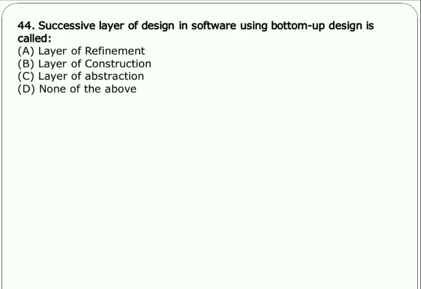Successful layer of design in software using the bottom-up design is called dash. So what is meant by bottom-up designing? Bottom-up designing is starting at the bottom, that is the virtual machine provided by the development environment. One builds up successively more powerful layers.